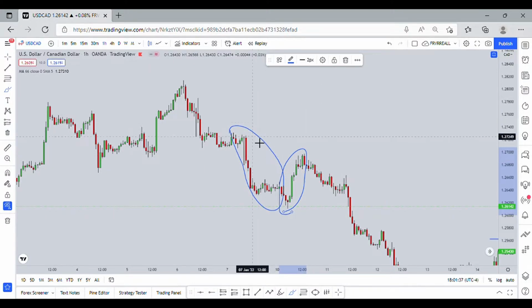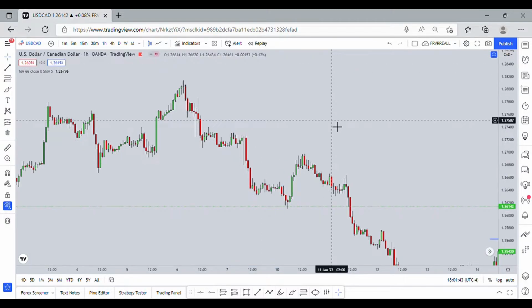You fraction the market, you take the size of this against this size. You're not supposed to do that mathematically, but that's the principle of it, just for you to get the gist of it.